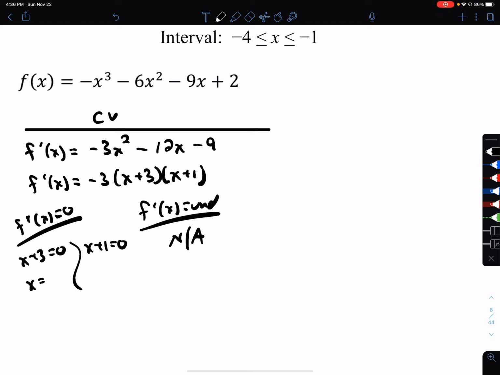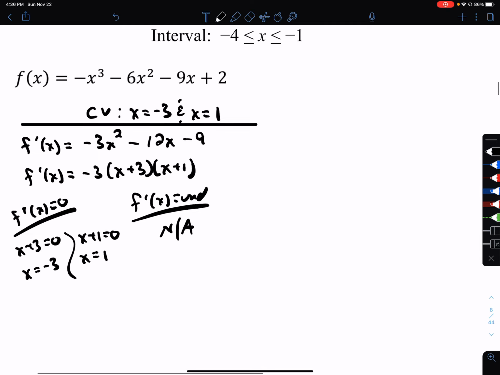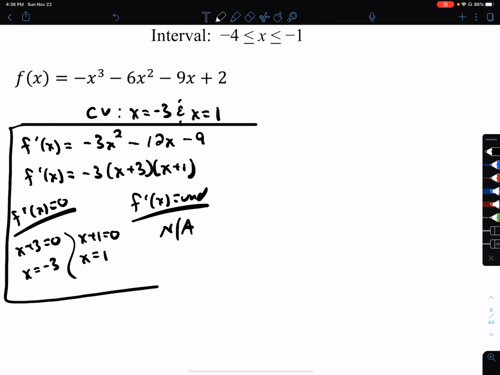So we would get x equals negative 3 and x is 1. So we found critical values of negative 3 and 1. Those are 2 of the candidates. Another candidate that we can find is from the endpoints of this interval.